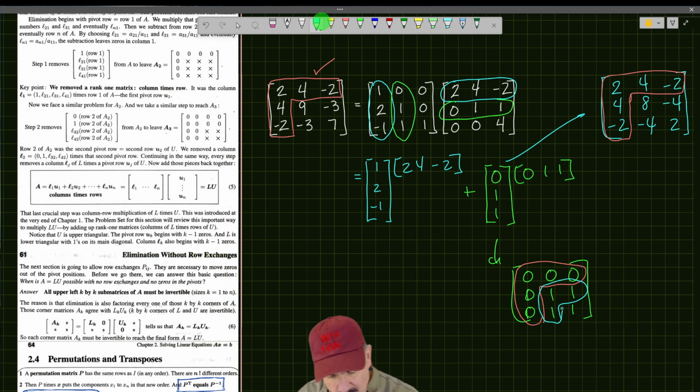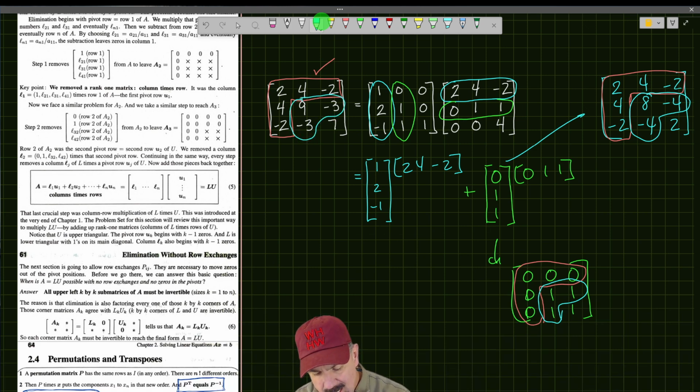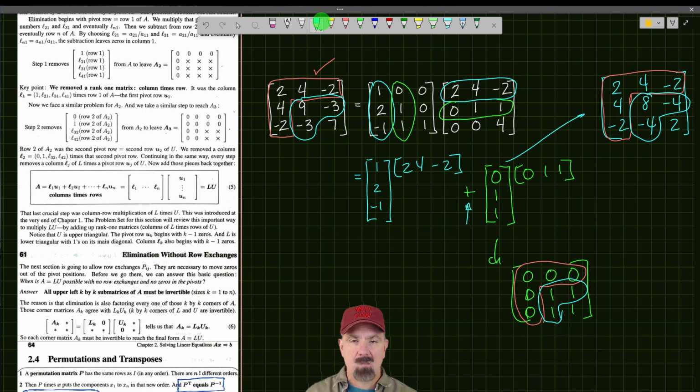We take that along with this piece here, and we add those together to come up with the A piece that's right here. So we take those two pieces, because remember, it's summed. We're adding the rank 1 matrices, and summing those two pieces gives us what we expect.